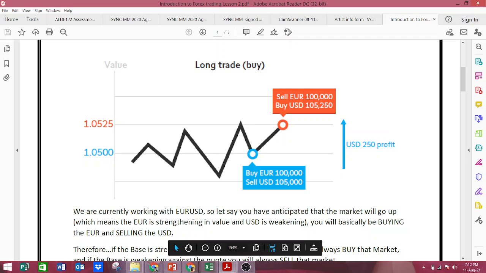If the market is going up in the context of Euro USD, it means that the euro is strengthening in value and the USD is weakening in value. If the market was going down, then the euro is weakening in value and the USD is strengthening in value.